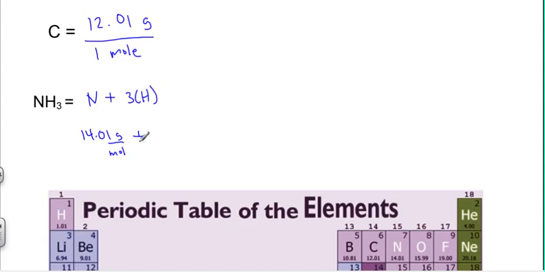And we're going to add that to 3 times hydrogen, which is 1.01 grams per 1 mole. If we add that all together, what we get is 17.03 grams per 1 mole of NH3.